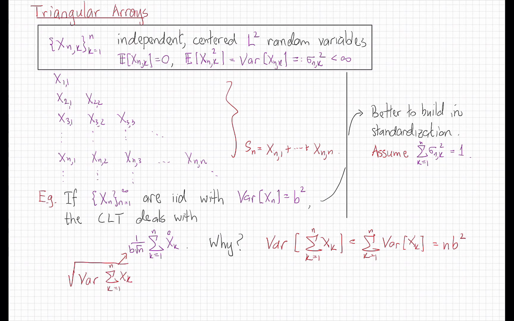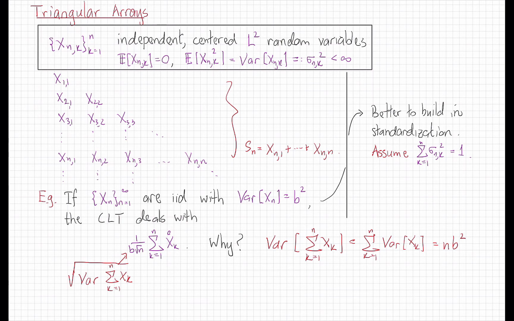That's really what it means to standardize. You take a random variable, you center it, and you divide it by its standard deviation. The central limit theorem says if you take a sequence of IID random variables and standardize the sum, that standardized sum converges in distribution to a standard normal.